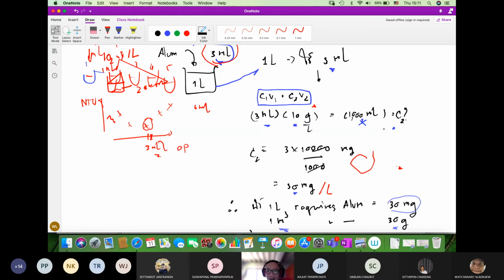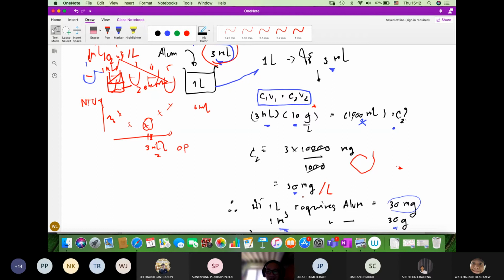So then you will find the concentration is about 30 milligrams per liter. So addition of 3 ml of alum into this 1 liter of raw water requires 30 milligrams of alum.